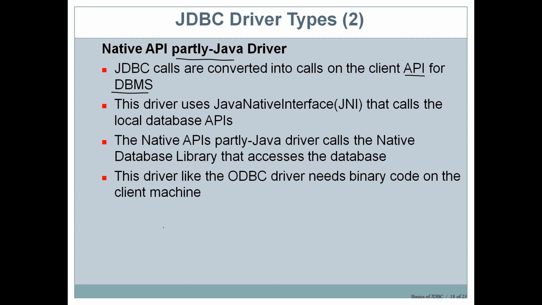This driver, like the ODBC driver, needs binary code on the client machine. Even in the case of this driver, there is some code which needs to be installed on the local machine or the client machine. As the name suggests, it is a partly Java driver. It is not completely written in Java because it is still using native APIs. The Java program calls are sent to the JNI, where they are converted into native API calls.